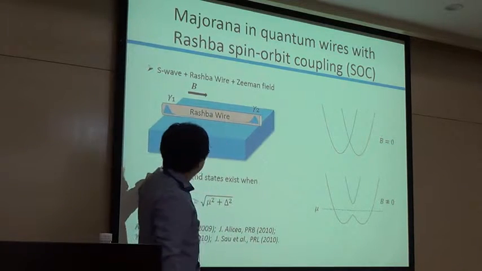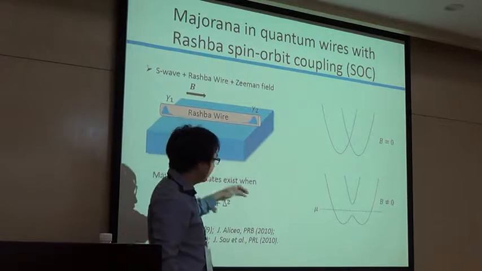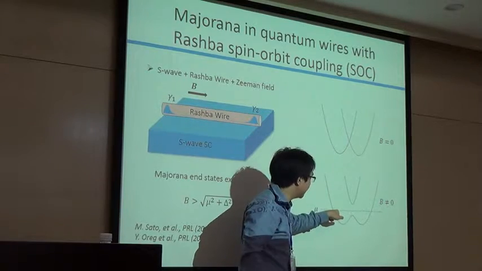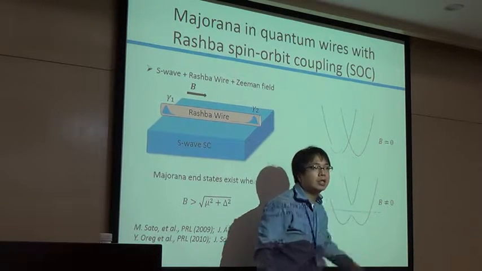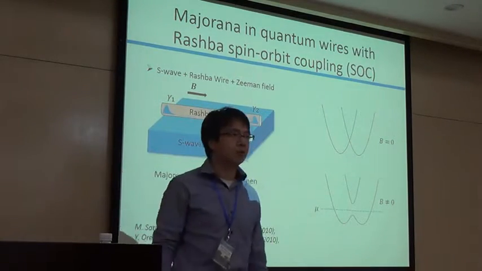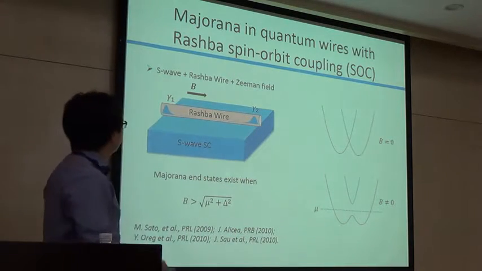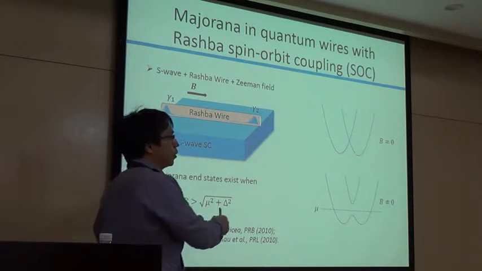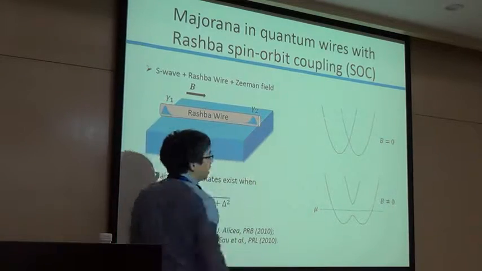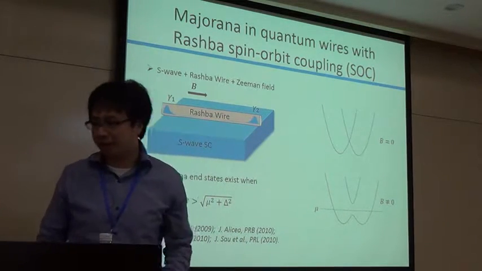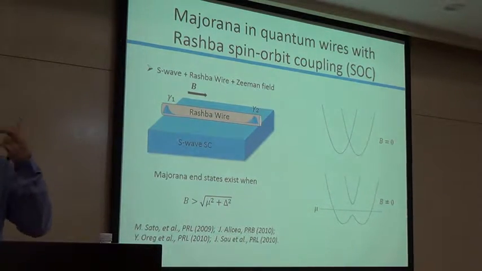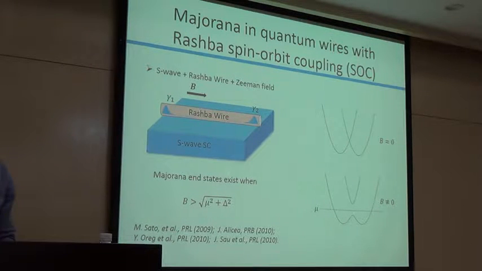Now I put it next to an s-wave superconductor, induce a pairing between the electron here and the electron here, and then you have a topological superconductor. So in this case, you have two Majorana fermions sitting at the ends of the wire. That is how you create a topological superconductor.